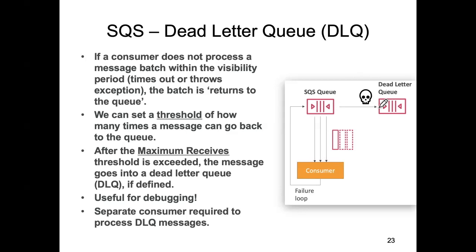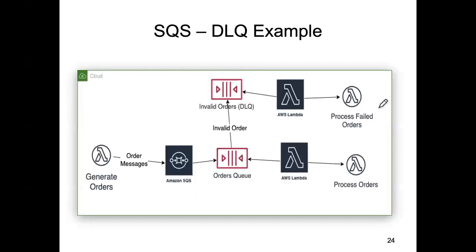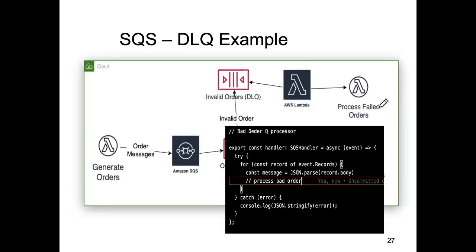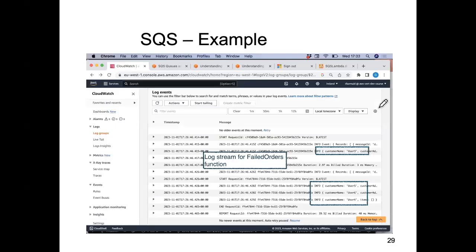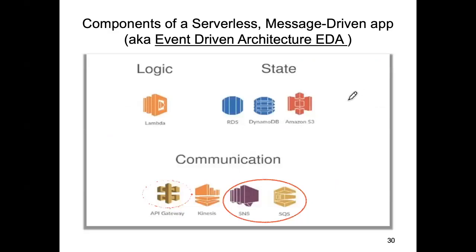Keep referring back to previous lectures, but go back and look at it. It does come into the lab, and it also comes into the assignment. So that's dead letter queues. That's okay. DLQ example, we had all of that. And eventually, that's as much as we covered on SQS.